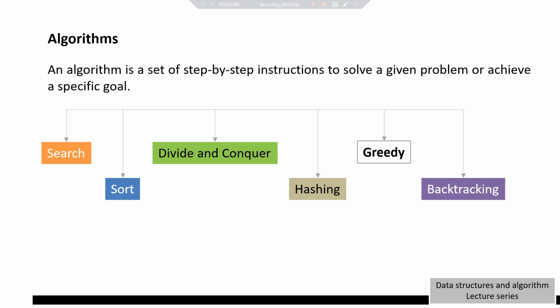Then algorithms: there are different searching algorithms, sorting algorithms, divide and conquer algorithms, hashing, greedy and backtracking algorithms. The main purpose of an algorithm is to give step-by-step instructions to solve a given problem and achieve a specific goal.